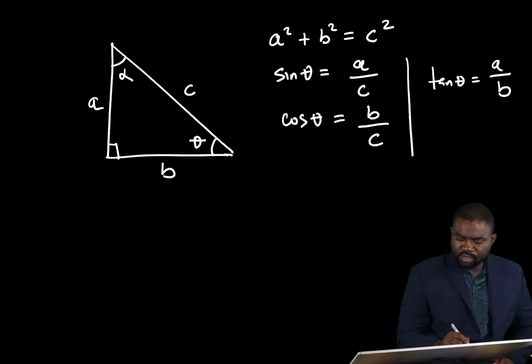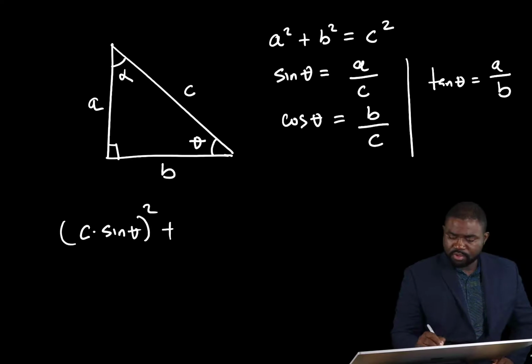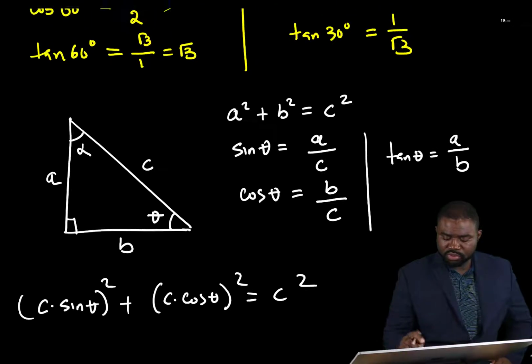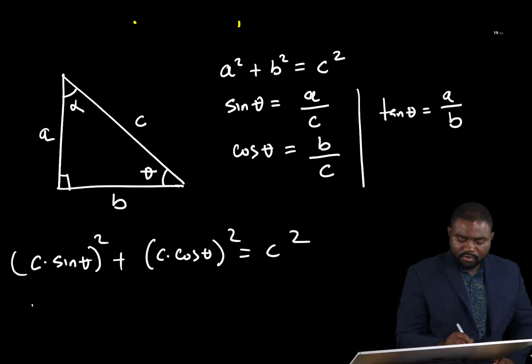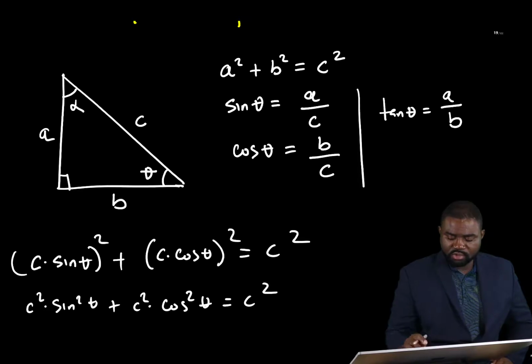This would mean that C sine theta all squared plus C cosine theta all squared is equal to C squared. This is C squared sine squared theta plus C squared cosine squared theta all equal to C squared.